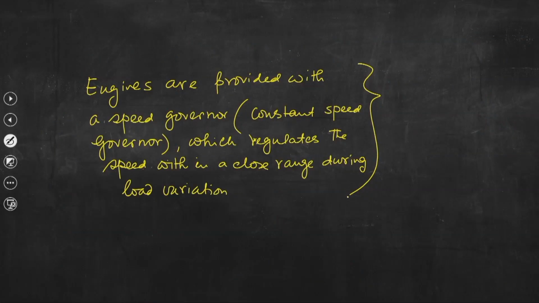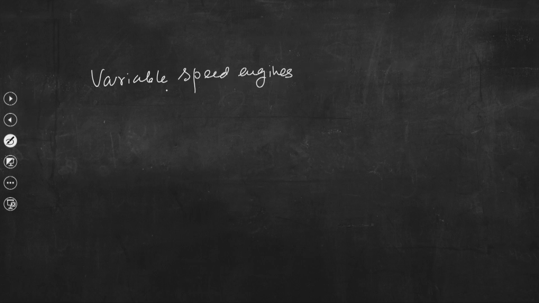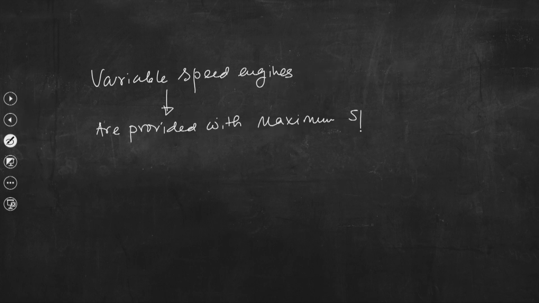So, if we go to the next slide, as I told you, variable speed engines are provided with a maximum speed governor.